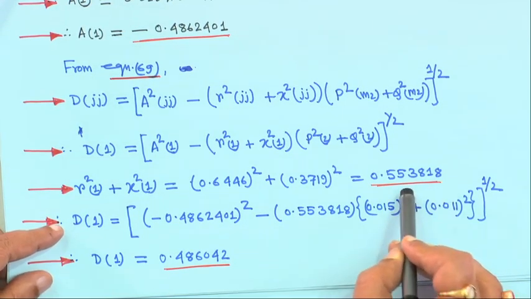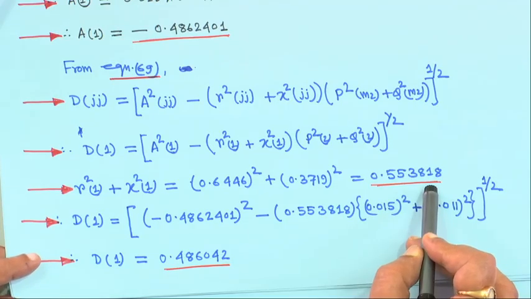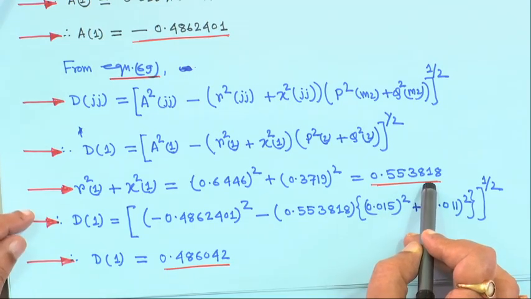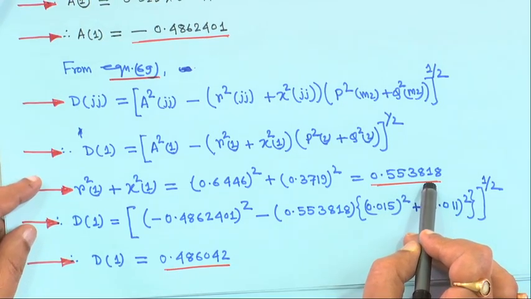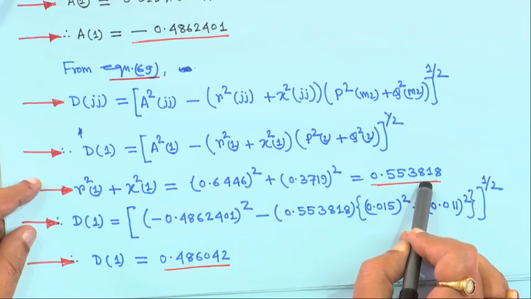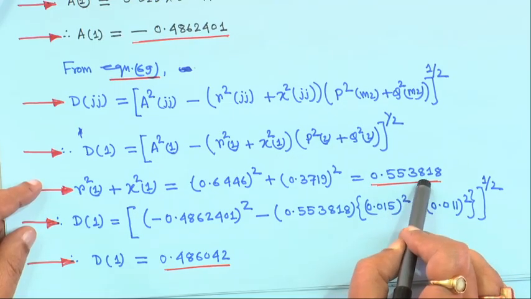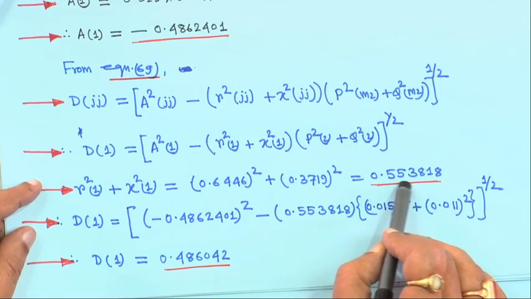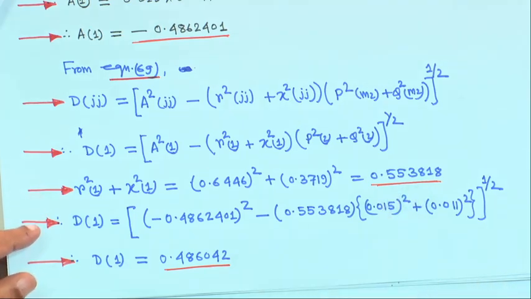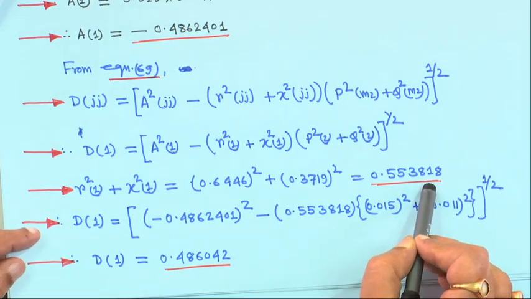I have taken up to 6 decimal places, but for the assignment purpose you should take only up to 3 or 4 decimal places. I mean, 0.5538 you can approximate as 0.554, right. So, I have taken the exact one.